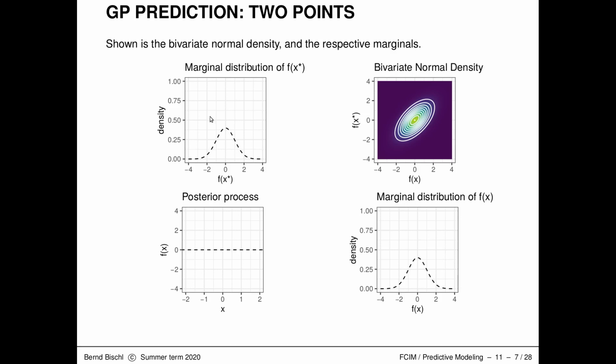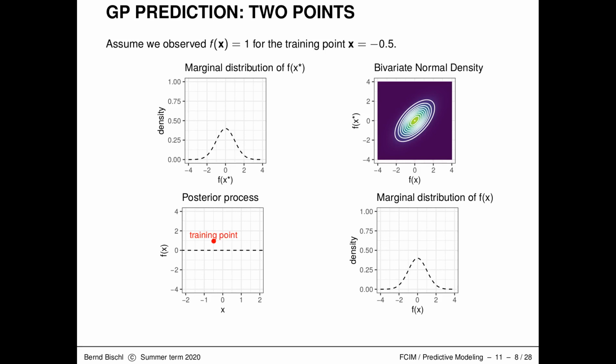We know that these are univariate Gaussians, and because our GP is zero mean, they are centered around zero. We also know the variance, because the covariance of x with itself and x star with itself are simply one. So these are basically standard Gaussian densities. At the moment, there is no conditioning going on. The posterior process we haven't computed yet. But let's now start doing that.